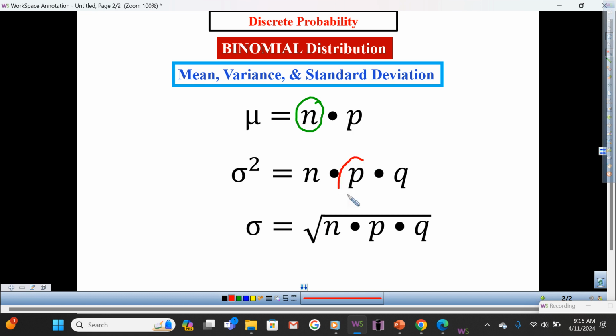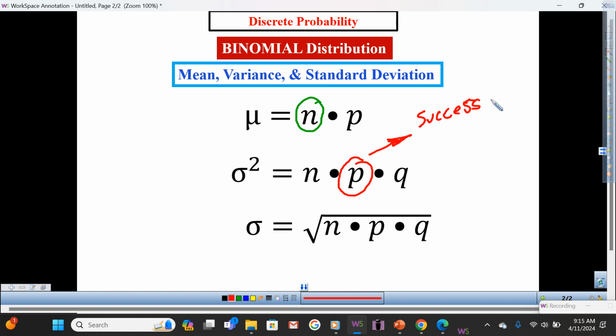Remind your neighbor what P stands for. What is P? You just did it yesterday and days before. What is P? Remind everybody. Fernando, pass on one. Joseph. Yeah, success.